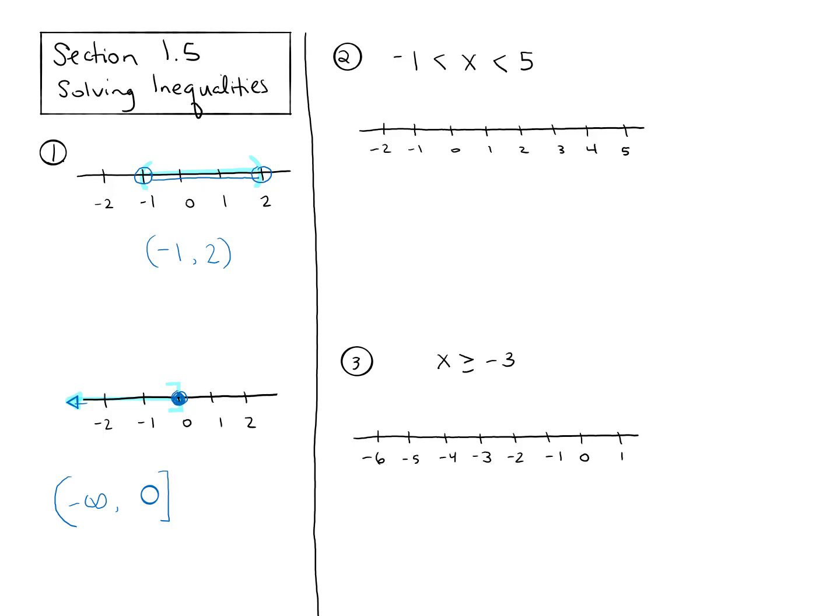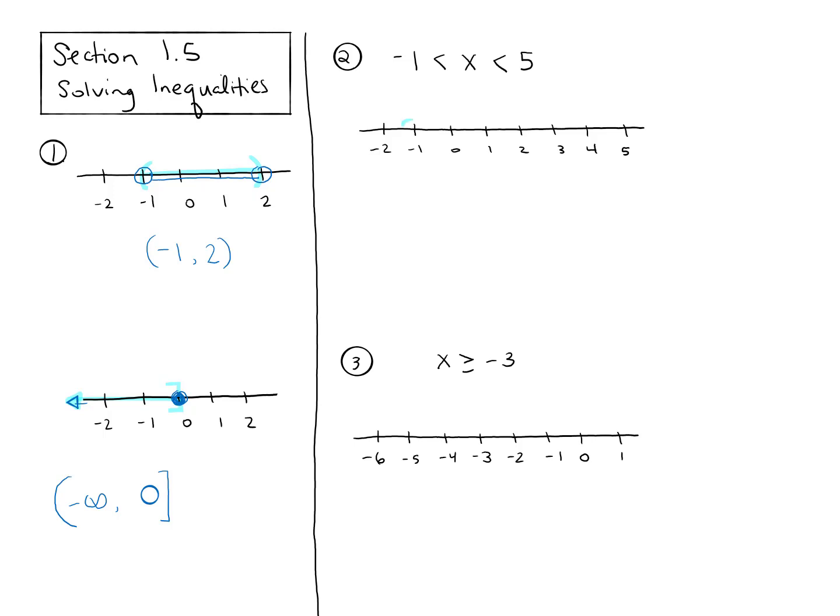We're given an algebraic interval right here: -1 is less than x is less than 5. We're asked to write each inequality using interval notation and graph each inequality on the number line. I'm actually going to do it out of order. I'm going to graph it first. So we're going to graph from -1.